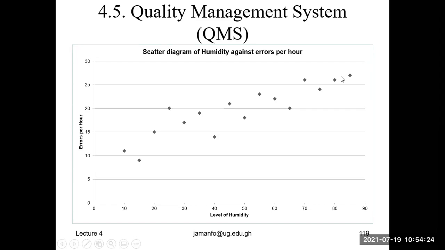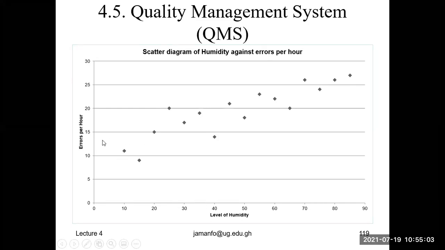But largely, if you look at the pattern, you can see that as the level of humidity goes up, if we plot this into a curve, the line will be like this. What it means is that as the level of humidity increases, the number of errors per hour would also increase.